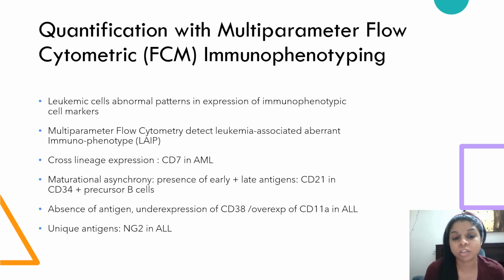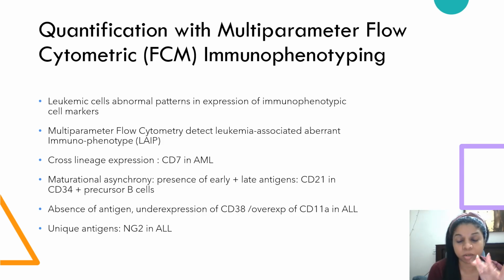Then there can be absence of antigen at times, and there can also be underexpression or overexpression. When you study markers in IHC, certain markers may show only faint positivity, some show dot positivity, some show strong positivity, like HER2/neu expression, etc. CD markers also show such expression.